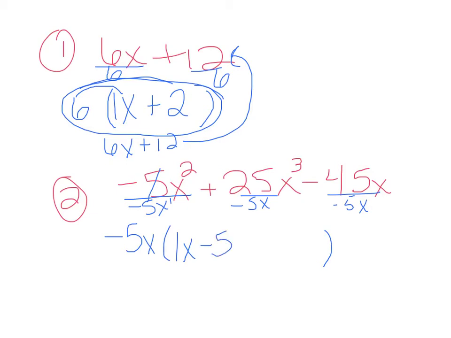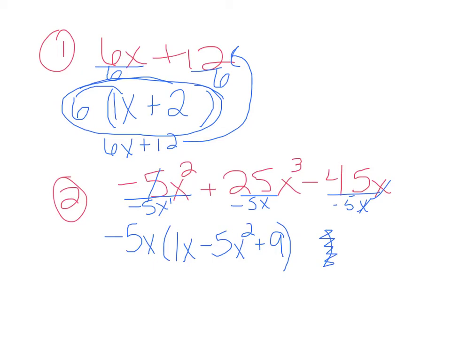I have x to the third over x, which gives me x to the second. And then I have negative 45 over negative 5, which is a positive 9, and my x's cancel. So we can move this over some.